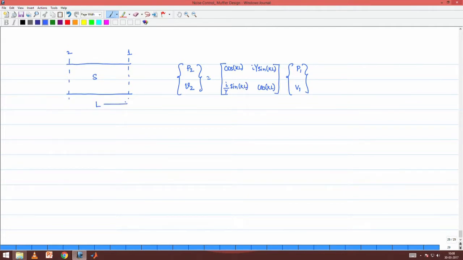This is of length L. Okay. And what else? Y is the impedance, which is c by S.